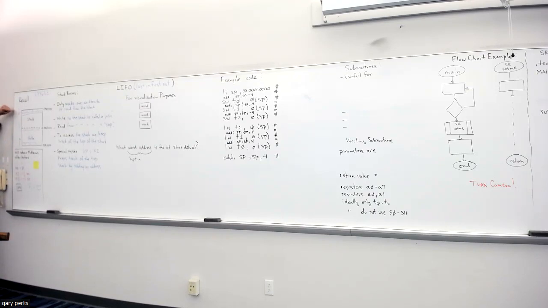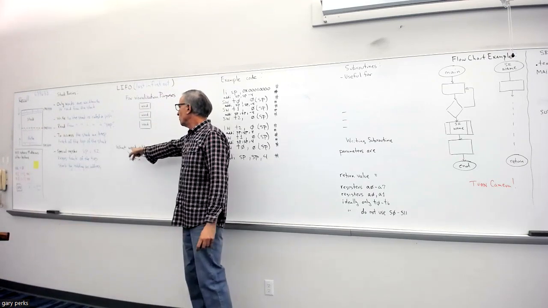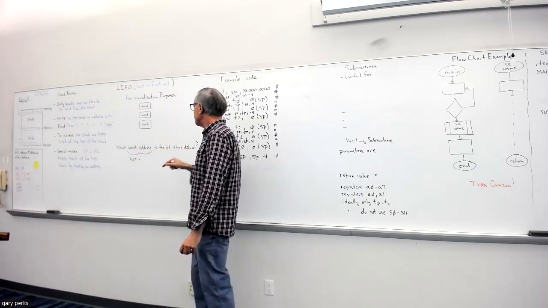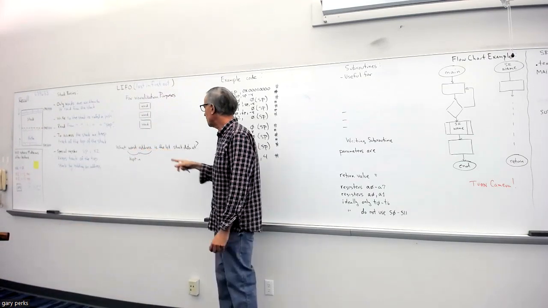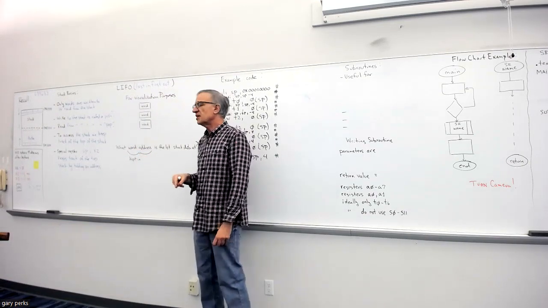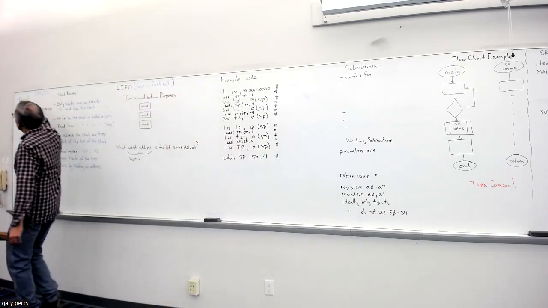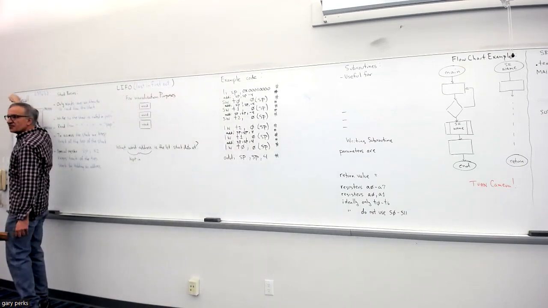But for right now, the question I'd like you to think about is, at what word address would the first stack data be? Like I said, we're filling the stack from this direction.